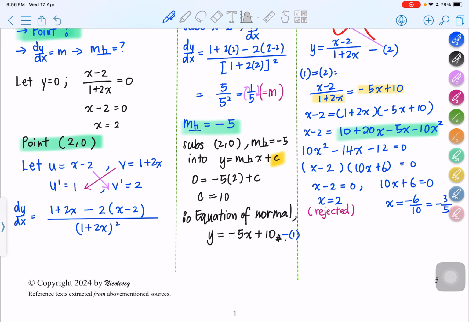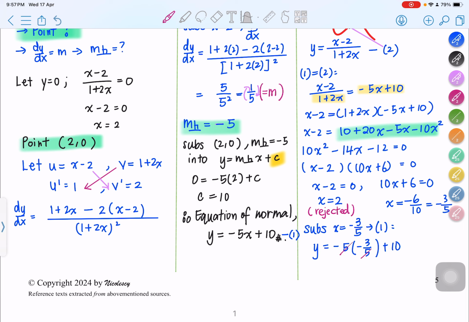Next, I substitute my x coordinate, negative 3 over 5, into my first equation, which is the equation of normal. So I get y equals negative 5 times (negative 3 over 5) plus 10.